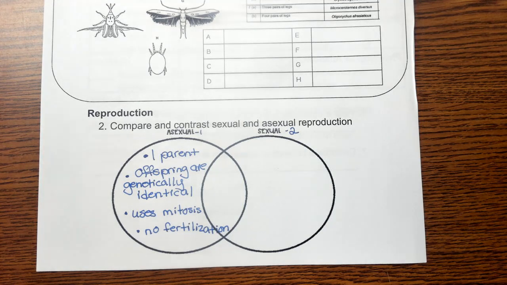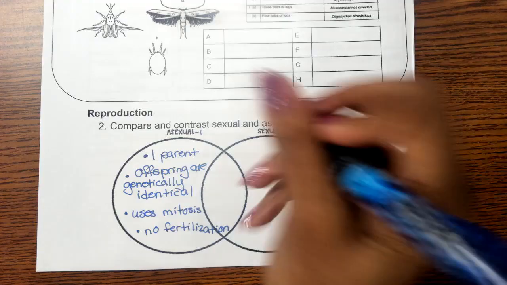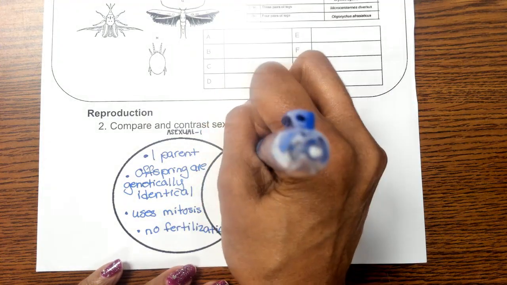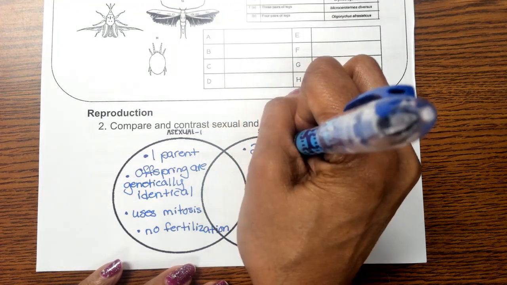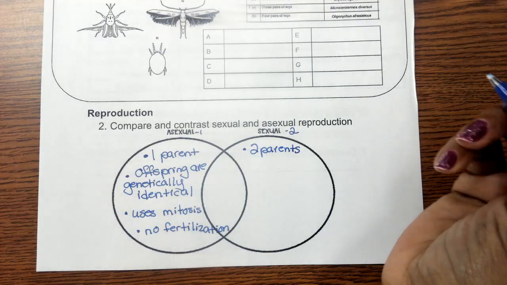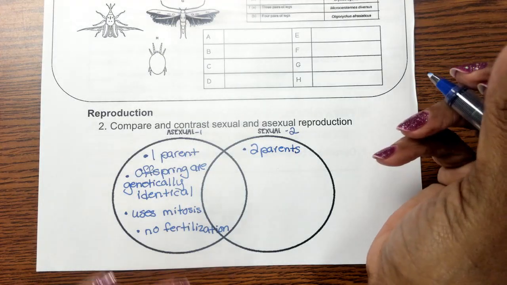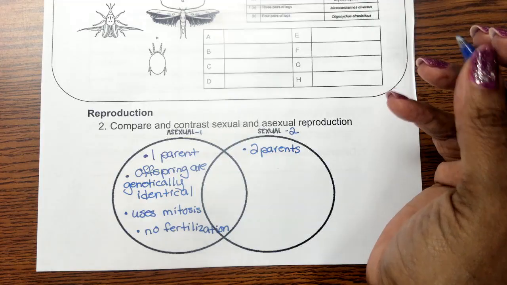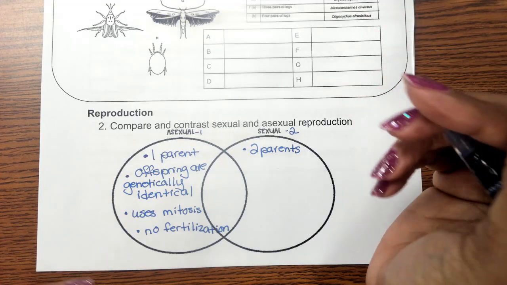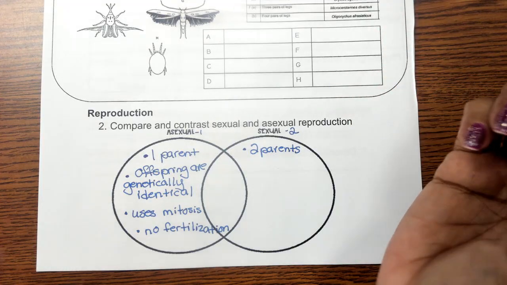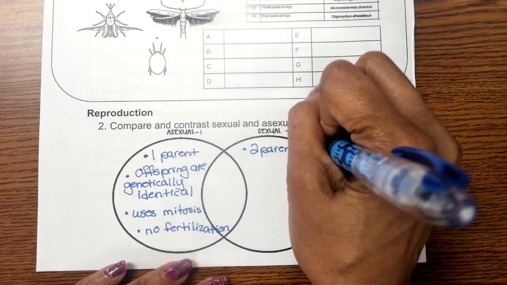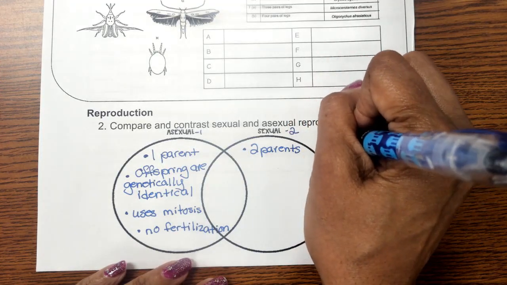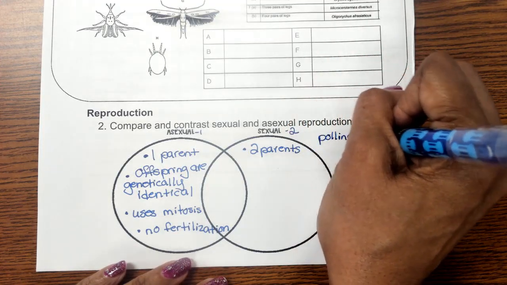Now we're going to move on to sexual reproduction. That's 2 parents. For example, flowers. If you have pollen and something pollinates, that is sexual reproduction. So I would write that word off to the side.